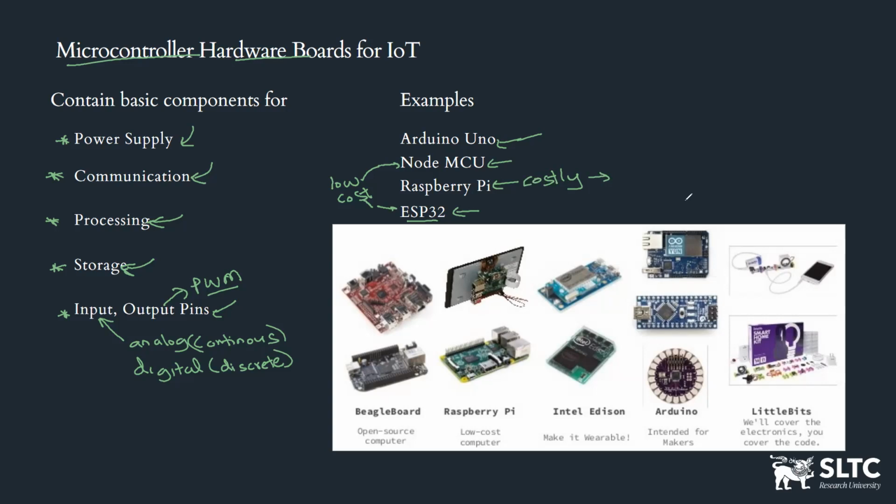Like when we talk about IoT, we have a network of IoT devices, and in each of these IoT devices we need to have a certain embedded microcontroller that is able to collect the data, do the necessary processing, and transmit that data to the nearest access point or the destination.